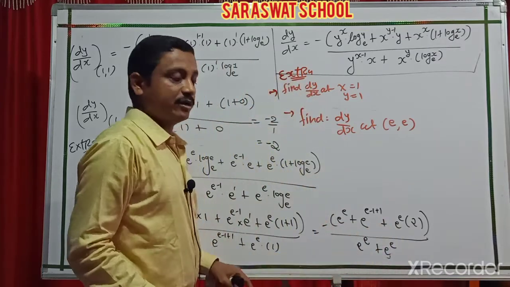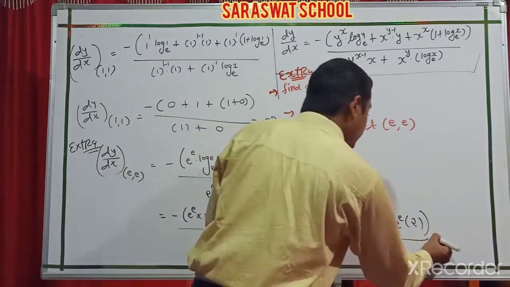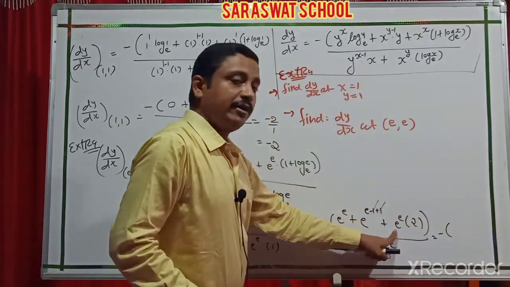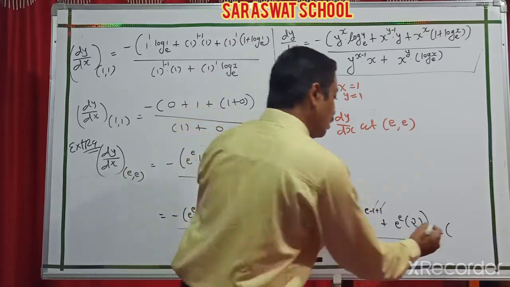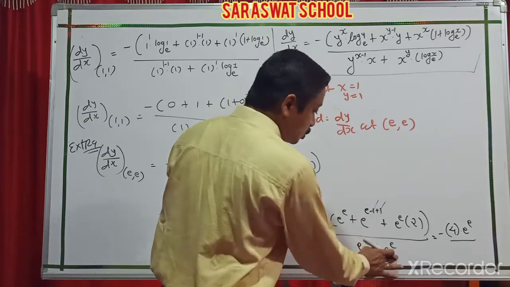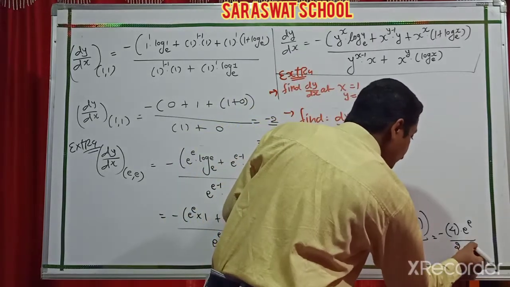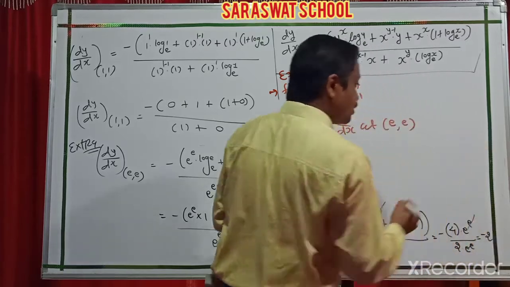Finally this is also done, with cancellations. So in total: 2 times e raised to e, 1 time e raised to e and 1 time e raised to e, so 2, 3, 4 times e raised to e upon, and here also the total is 2 times e raised to e. This cancels. So my answer is only and only minus 2.